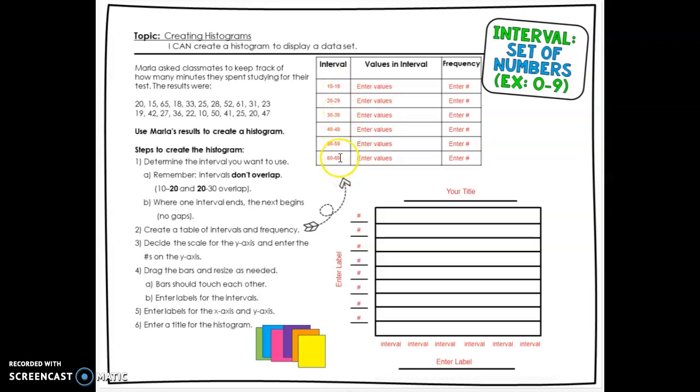And when we see those here, we're now going to figure out which values are in each interval. So I'm just going to do them one at a time. So this 20 right here needs to go over to this one. So 20 is there. 15 needs to go up here. 65 needs to go down here. 18.